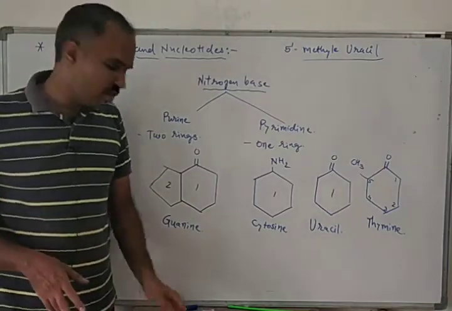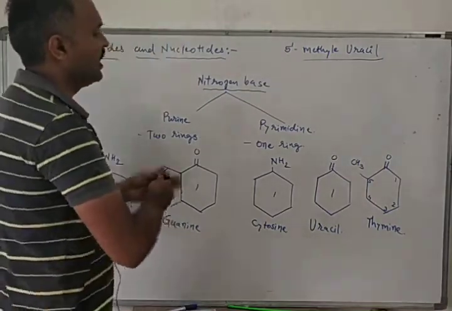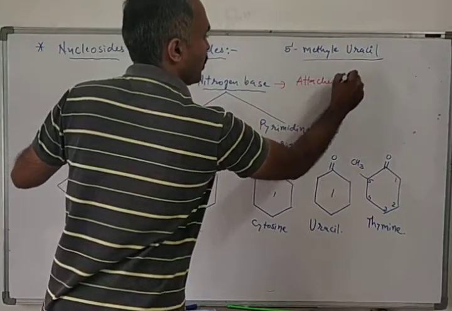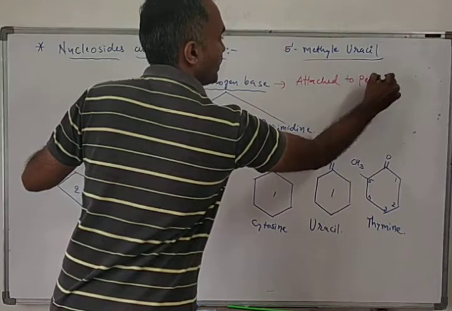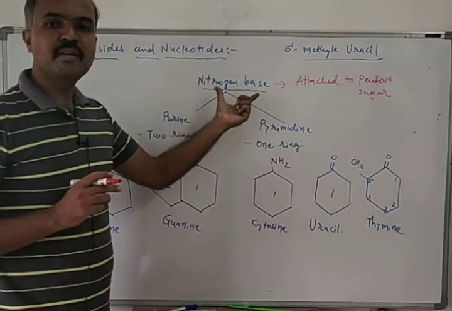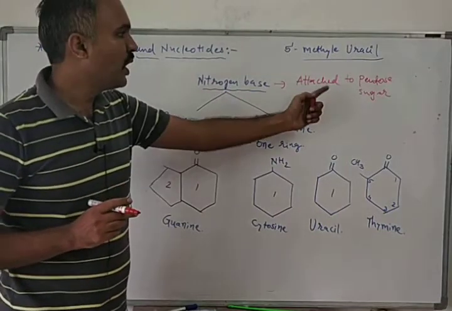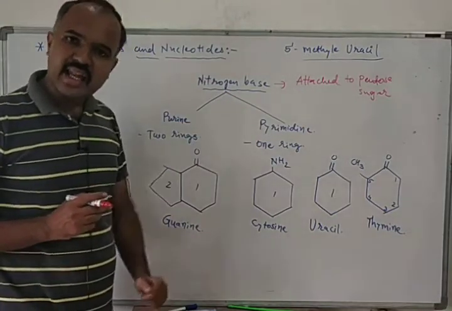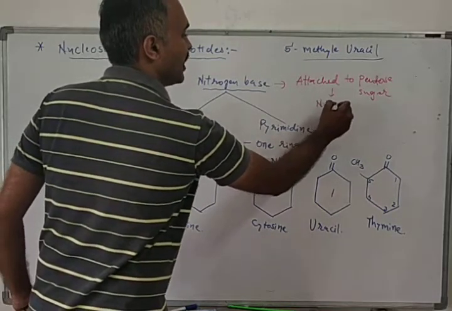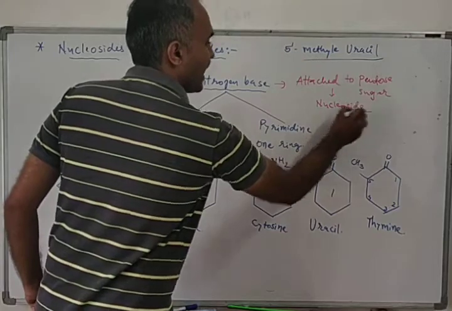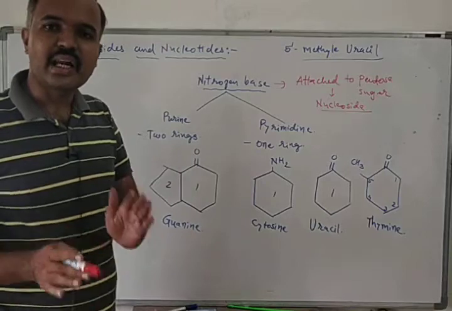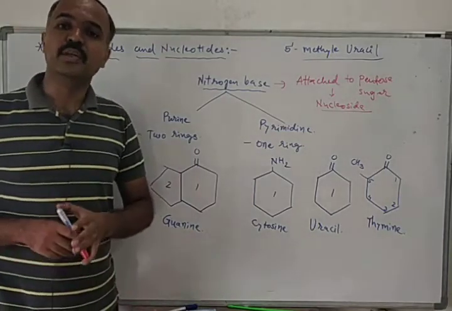Now this nitrogen base is attached to pentose sugar. When the nitrogen base gets attached to a pentose sugar, then the resultant structure is known as a nucleoside.